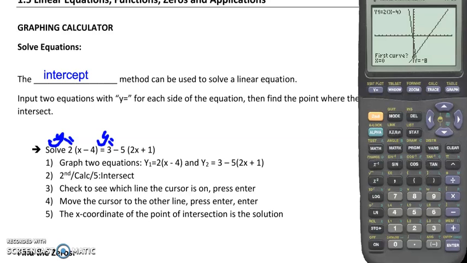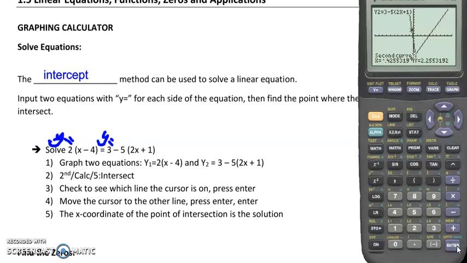So do you see the cursor blinking there? On my screen, it's kind of hard to tell which line that's on. So I'm going to arrow it over just a little bit. Do you see how it's moving down? And now I can tell for sure it is on this line that goes up and down right here. So once you can tell which line it is on, this is step number 3, check to see which line the cursor is on, and then press enter.